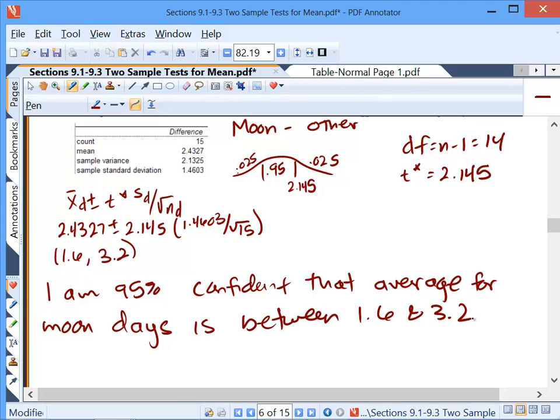Now, is that higher or lower on the moon days? And how can you tell? Higher. Because we did moon minus other and we got positive values, so moon must have been greater. So the average for the moon days is between 1.6 and 3.2 higher than the average for other days.